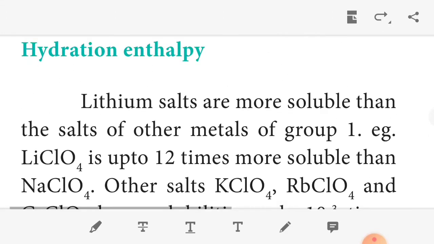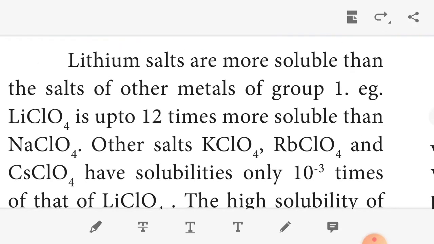Hydration enthalpy. Lithium salts are more soluble than salts of the other metals of group 1. The group 1 elements are lithium, sodium, potassium, rubidium, cesium, and francium. The solubility of lithium salts is very high compared to the others as we move down the group.